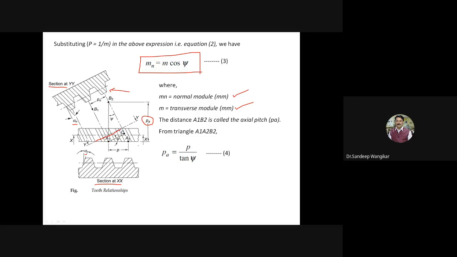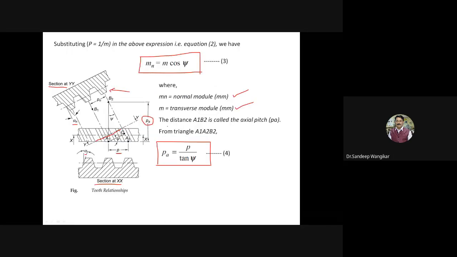This is nothing but P, the opposite side. This is PA. So PA is equal to P divided by tan of psi. This expression is taken by considering the trigonometric conditions for triangle A1, B2, A2. So you will get tan of psi, this angle, is equal to P divided by PA. Therefore, PA is equal to P divided by tan of psi. These relations we will be using while solving the numericals.